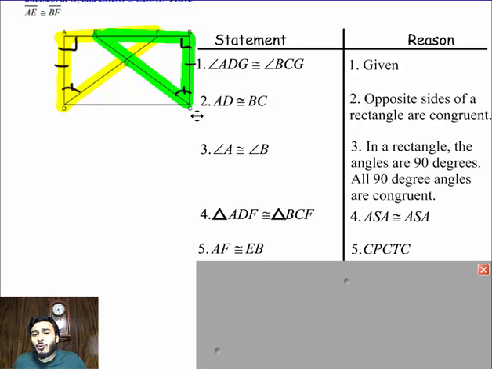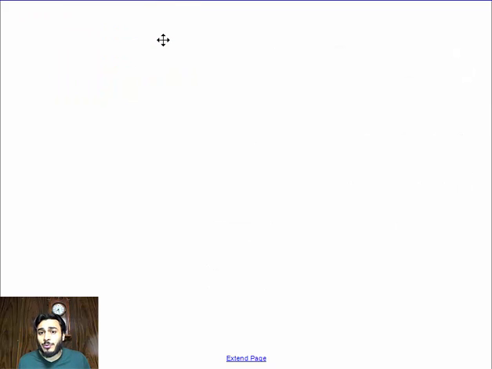Now, why is that the route I'm going? The reason why I'm going that route is because AE and BF, they're both pieces of the segment AEFB. Here's what I mean, right? This is basically a line proof, right? That's what this is.